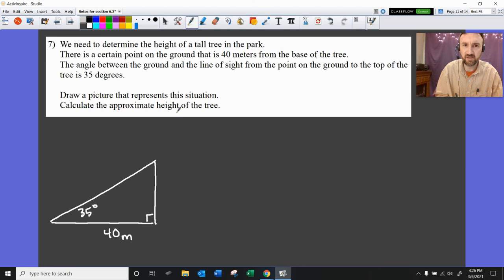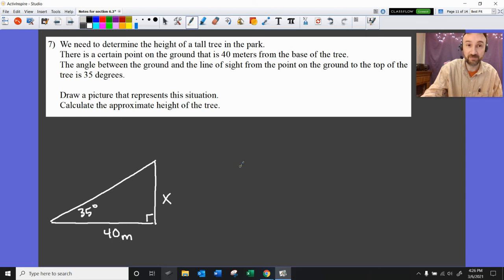And then it says, calculate the approximate height of the tree. There, I have a diagram. That diagram represents the situation described above. And now I can use right triangle trigonometry to find that value of x.